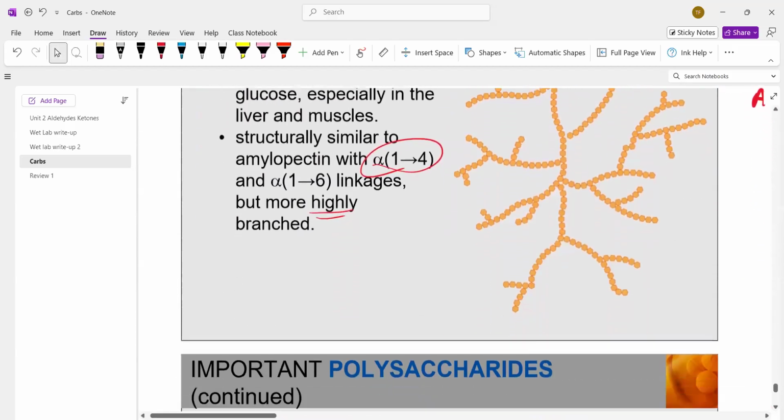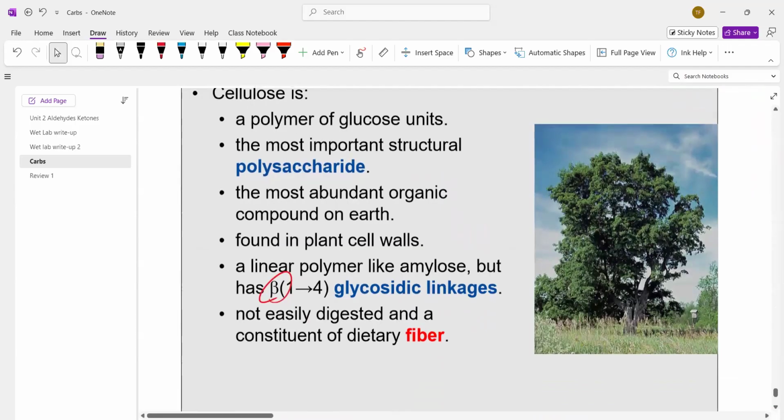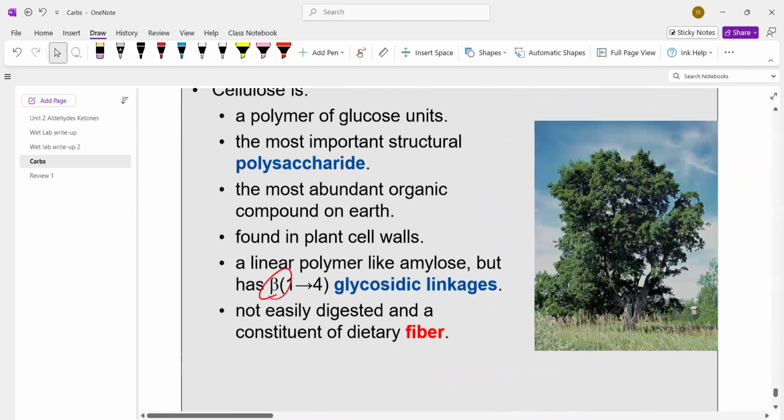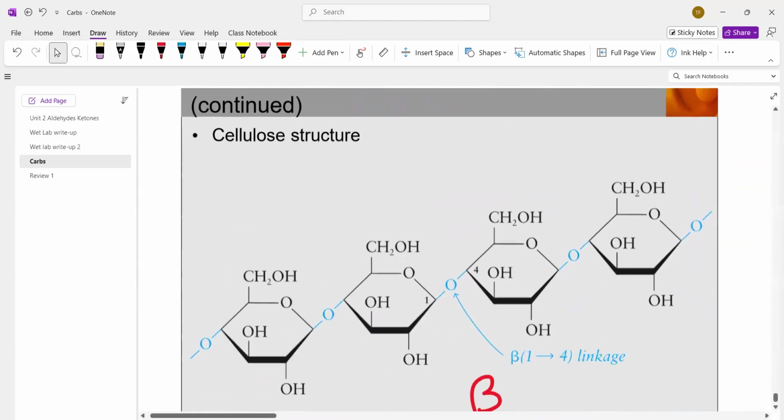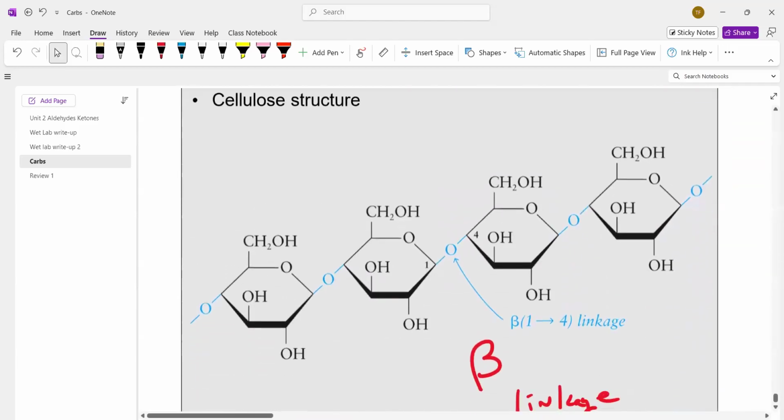In cellulose, it's a beta 1,4. That's the only difference. Our body's enzymes don't recognize the beta linkage. However, our microbiome bacteria do. So by eating fiber, we're actually feeding our microbiome bacteria.